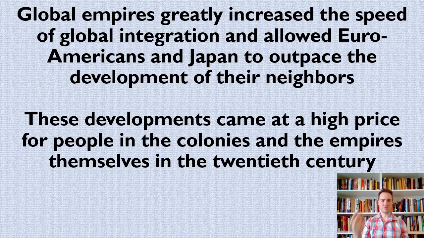This really allows Europeans and Americans, the Japanese, to jump ahead of their neighbors and sort of outpace them, outproduce them, briefly anyway, in terms of industrial development, control, but also in terms of their ideology, finding themselves to be superior to the people next to them.